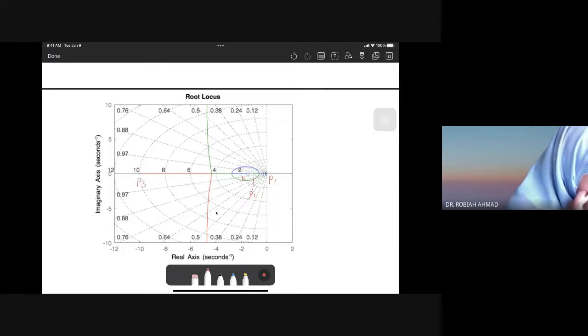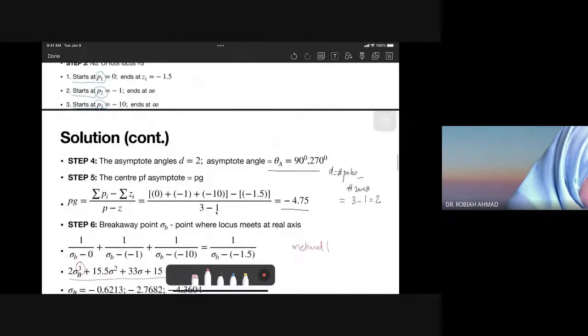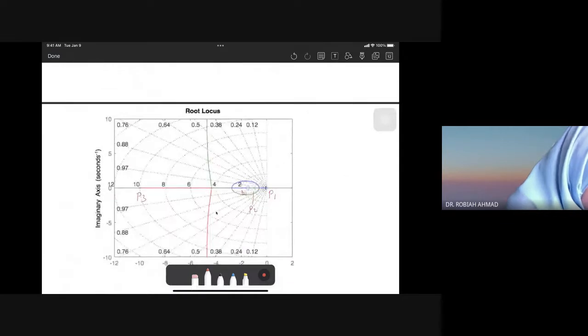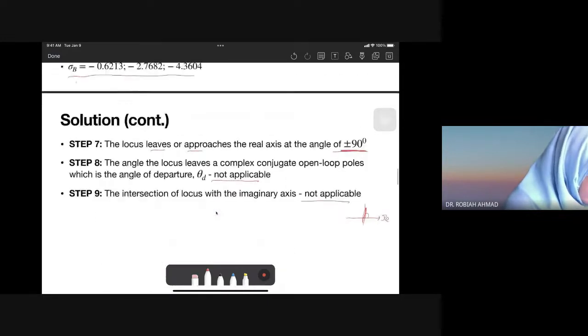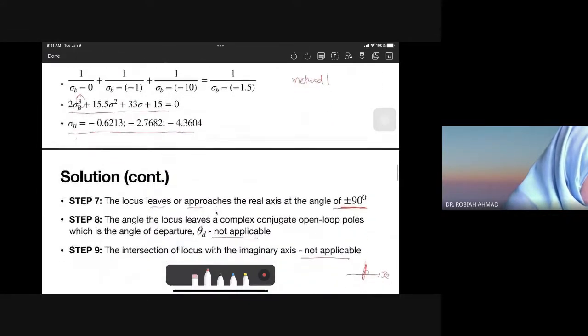Okay, and then we learned that the asymptote angles are 90 and 270, and the center is 4.75, somewhere here. So let's say this is 5, and 4.75 is somewhere here. So this is our asymptote, from step number 4 and number 5. And then step number 6, the breakaway point, 0.62.